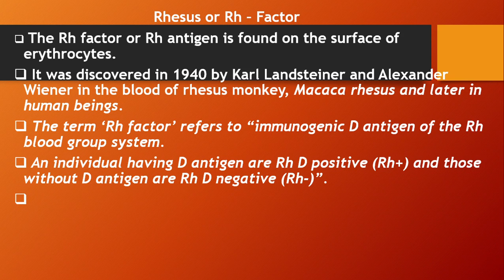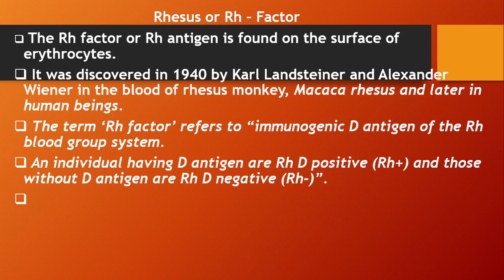80% of the human population are RH positive. If this RH antigen, that is D antigen, is present on the surface of the RBC, such people are called RH positive. This factor was first discovered by Karl Landsteiner and Alexander Wiener in the blood of the rhesus monkey, a type of monkey called Macaca rhesus. Hence, it is named RH antigen or RH factor.